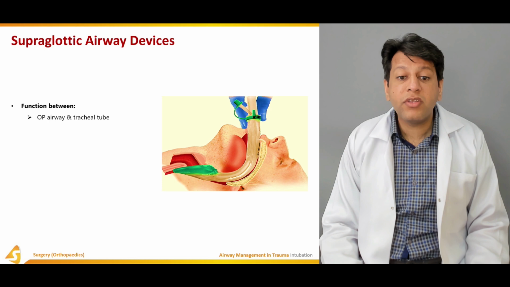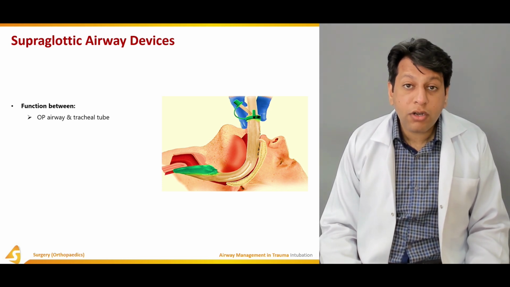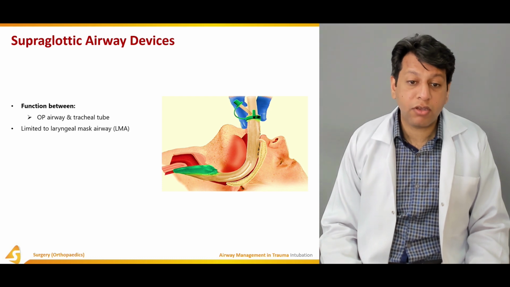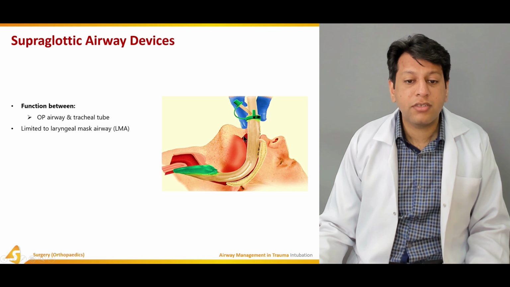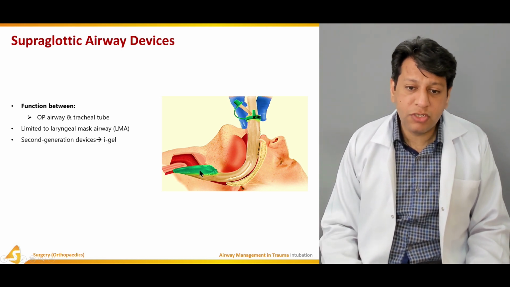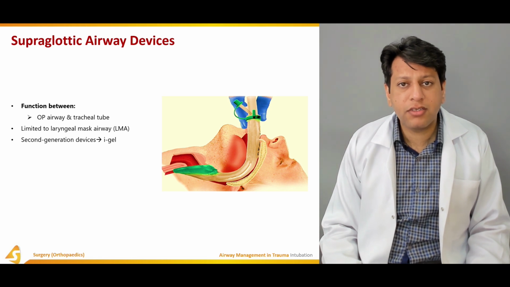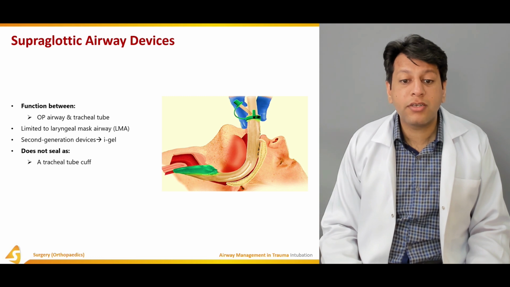Usually this functions between the oropharyngeal airway and the tracheal tube, and as it's a supraglottic airway, it sits above the level of the glottis. It can be in the form of a laryngeal mask airway, LMA.